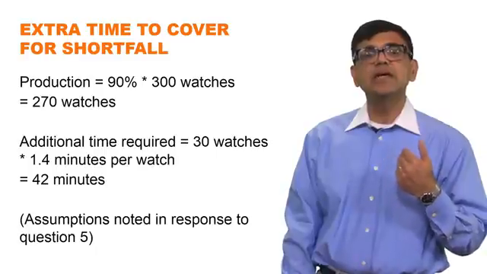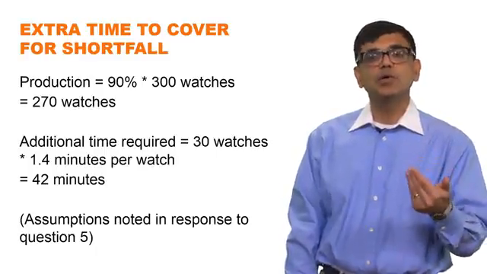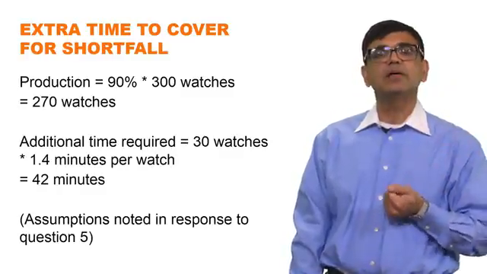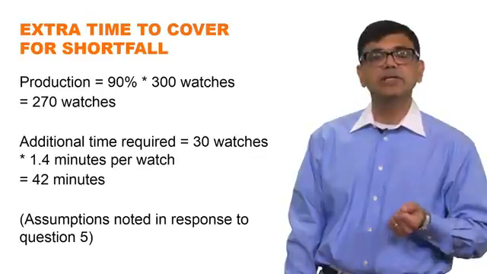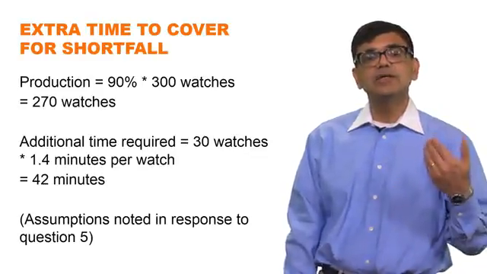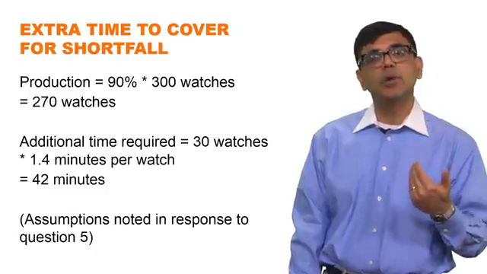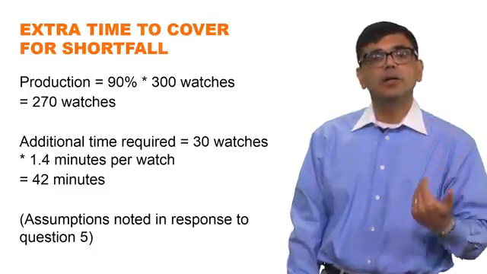So what would be the additional time required for making up that shortfall? They have a demand of 300 units. They fell short by 10%, so they made only 270. For the balance 30 watches, you need 1.4 minutes per watch, and that gives you 30 times 1.4, 42 minutes.